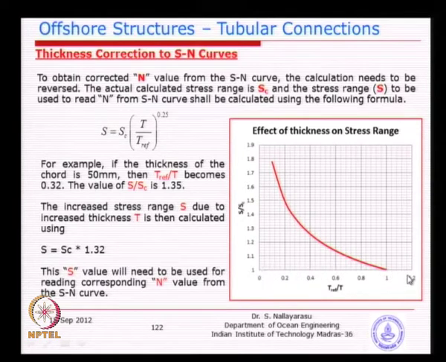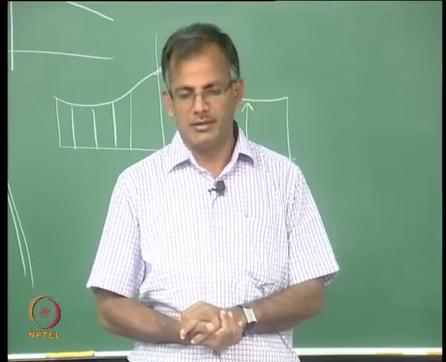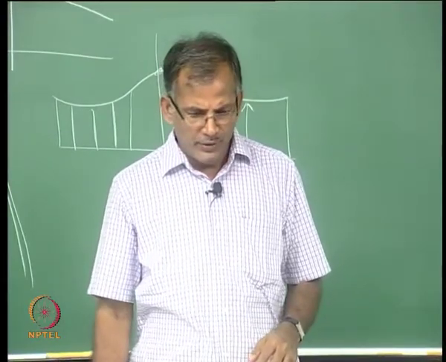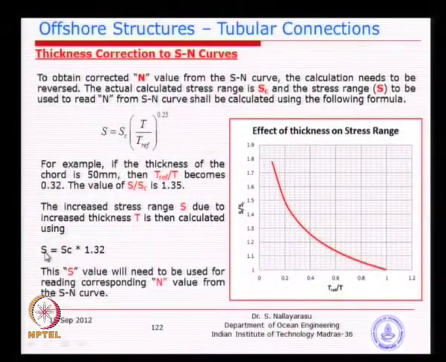If the ratio is less than 1, then you will see the values go as much as 101.8. So, suppose you have 16, you have 30 mm or 32 mm, and you will have the effect of that scale. That is why the stress range that you are going to use in your SN curve is multiplied by 1.3, depending on what thickness you are using.